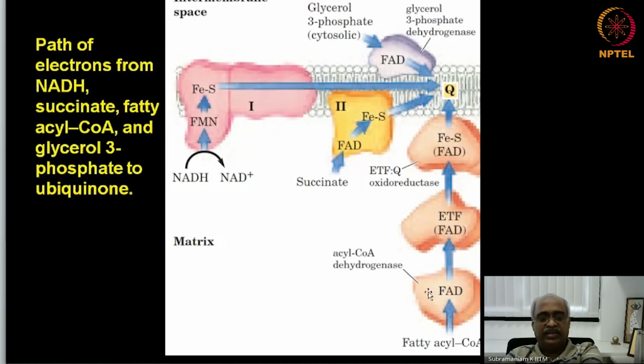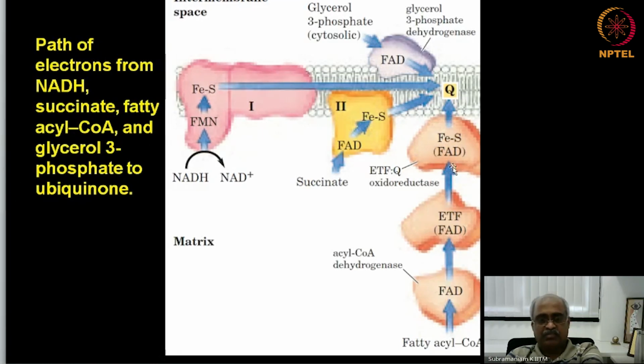That is an FAD-containing enzyme that transfers electrons to the intermediate electron transfer protein, ETF, which is also an FAD-containing protein. It is transferred to that, and that then transfers to ETF-ubiquinone oxidoreductase. This is an iron-sulfur protein, which transfers from ETF to the ubiquinone.